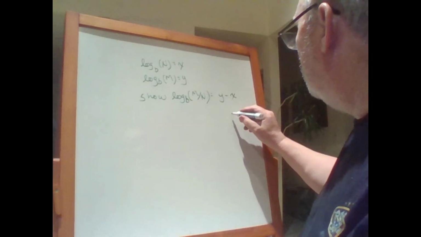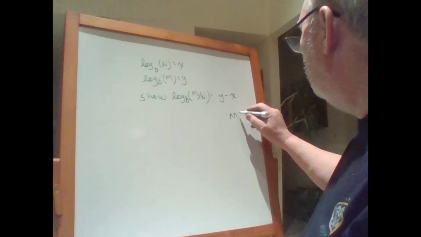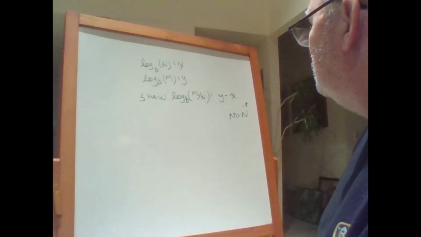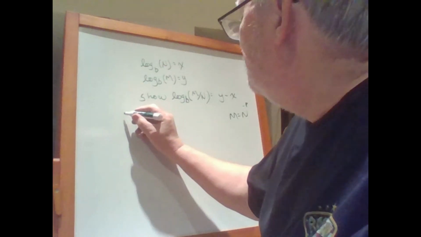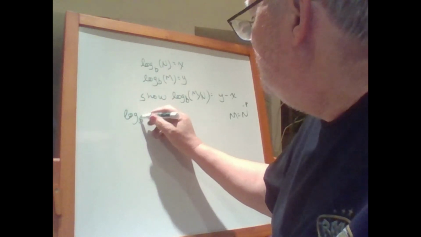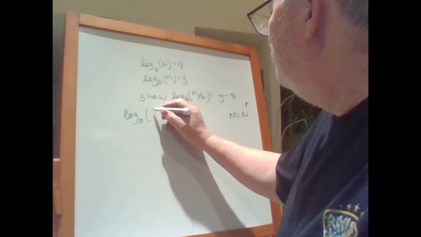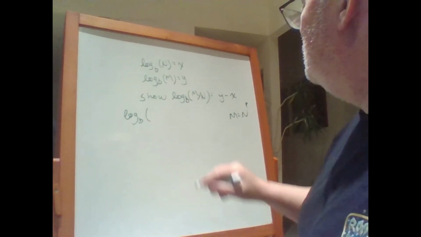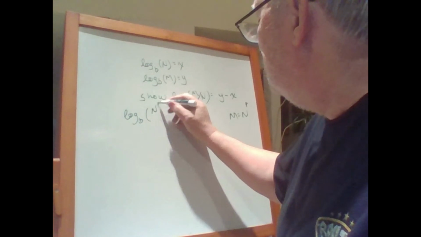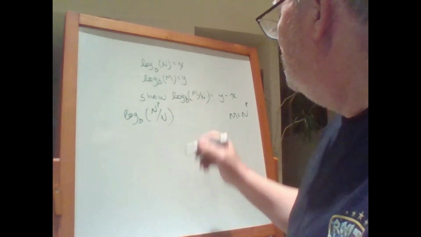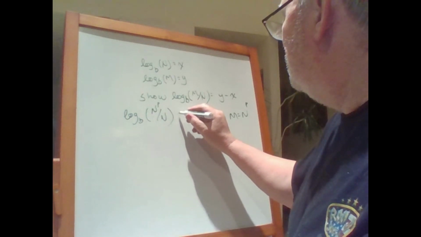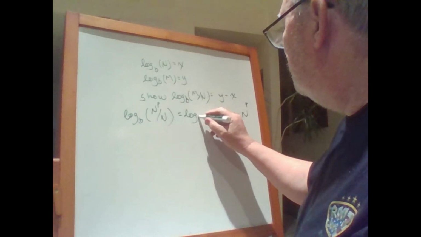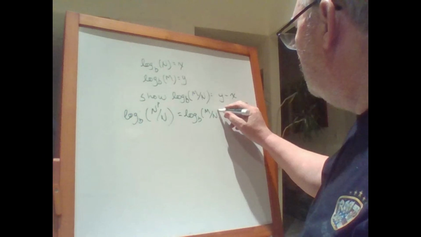Again, we say that m equals n to the p, and so we have log b of n to the p divided by n equals log b of m divided by n.